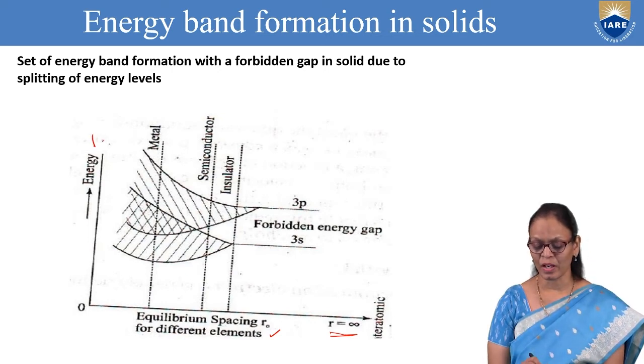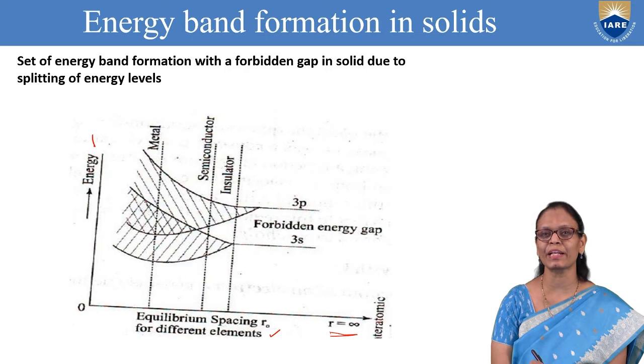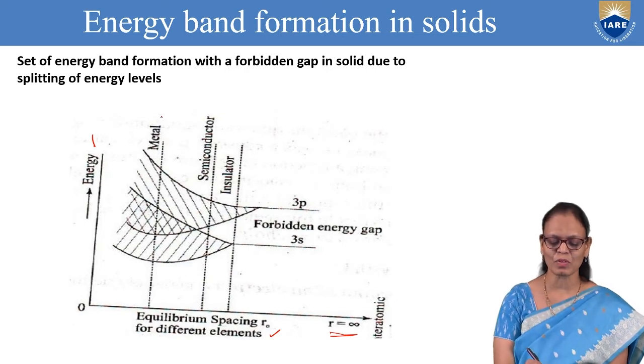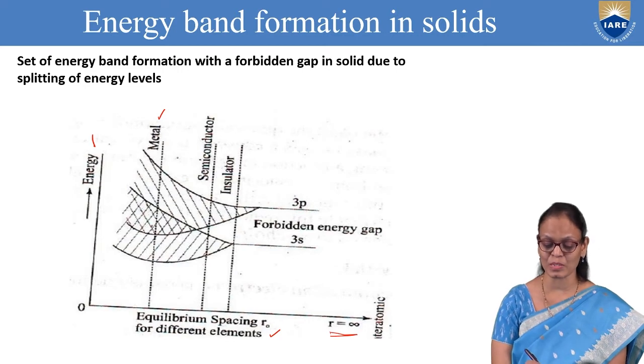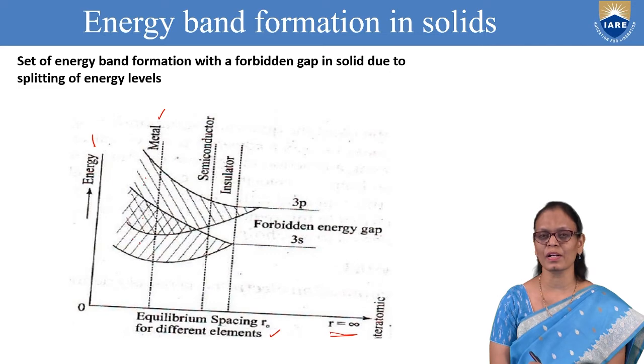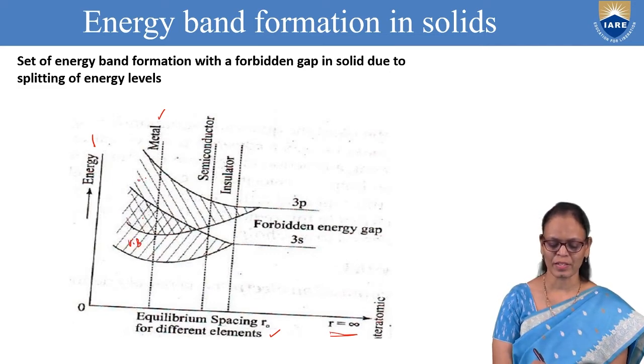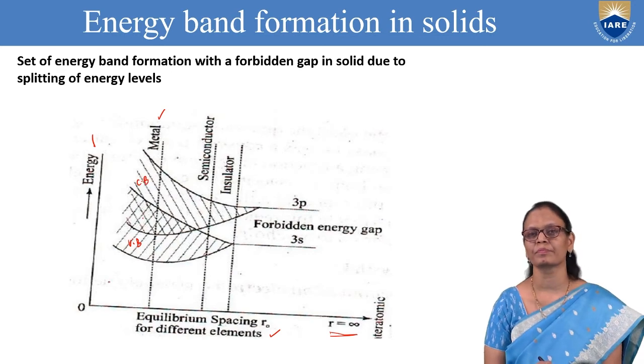When the equilibrium spacing is very less, as in metals, these bands overlap with each other. This is a valence band and this is a conduction band.